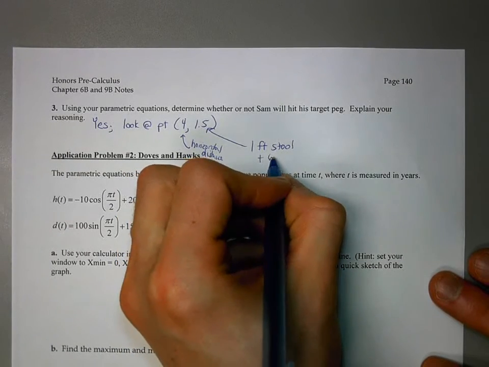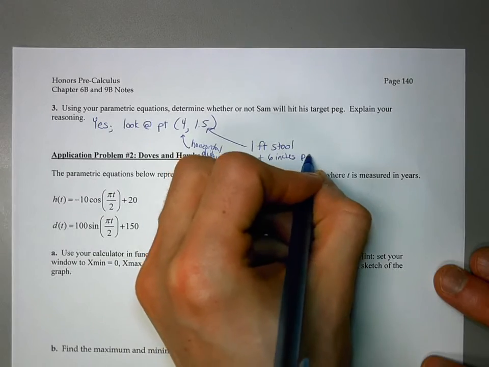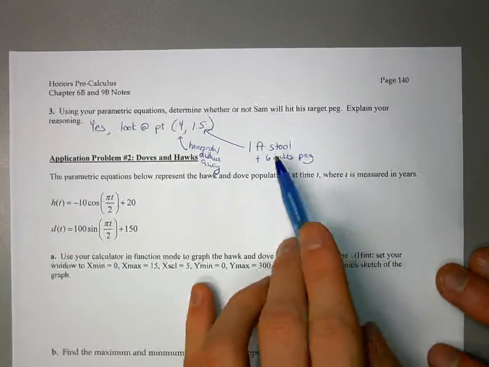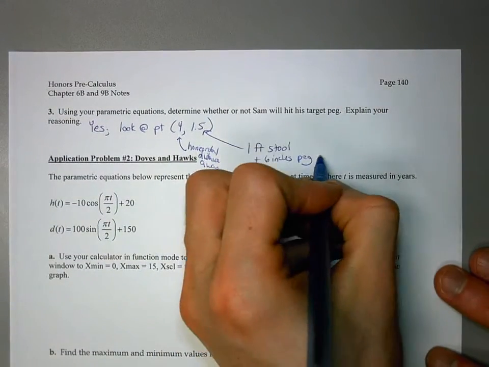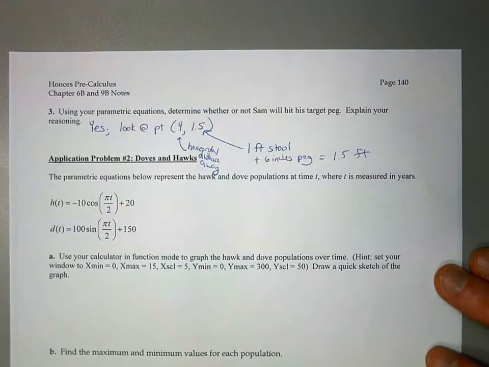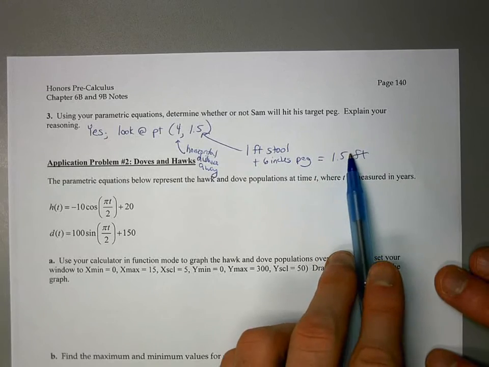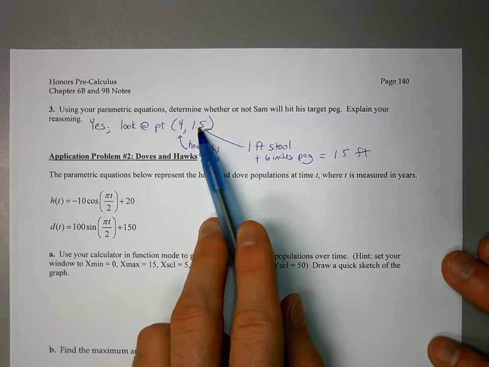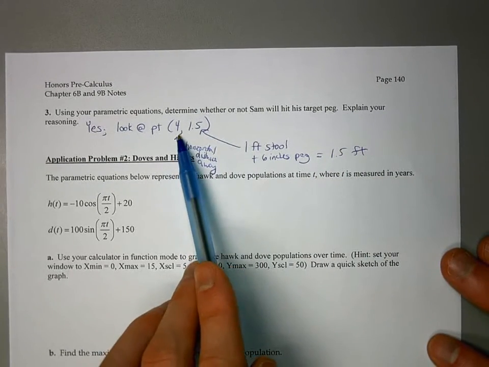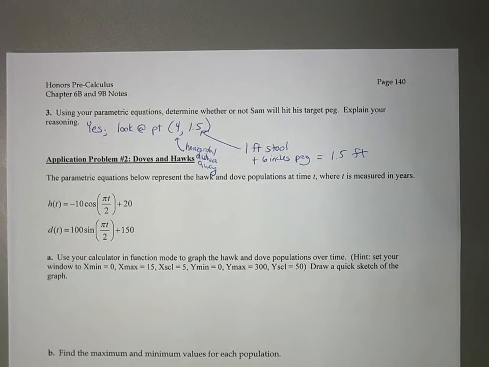So I know total I've got 6 inches for the peg, which, 1 foot plus 6 inches is 1.5 feet. So the top of the peg is 1.5 feet up, which is what we've got right there. So exactly at 4 feet away and 1.5 feet up is the path that the ring is going to take. So yes, this ring is going to land on the peg.